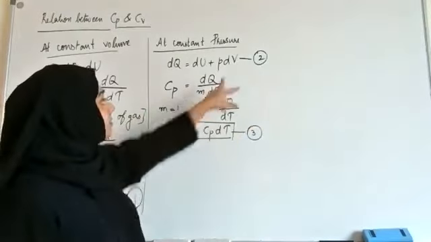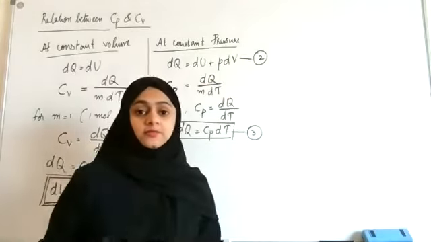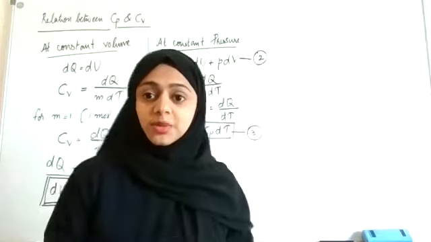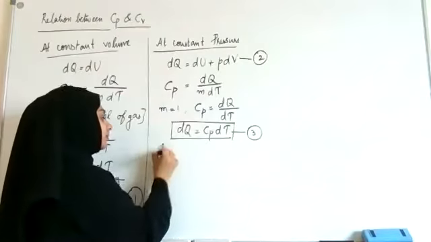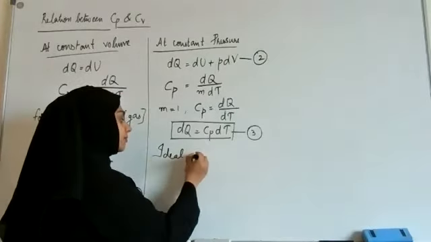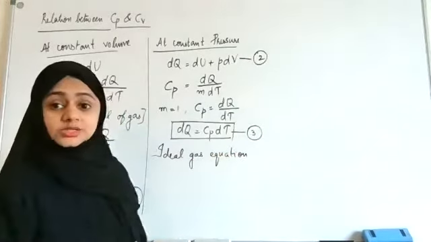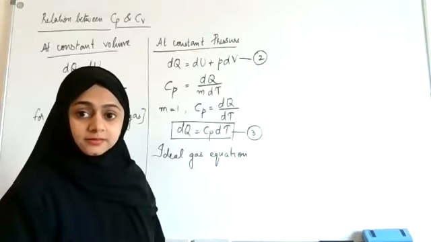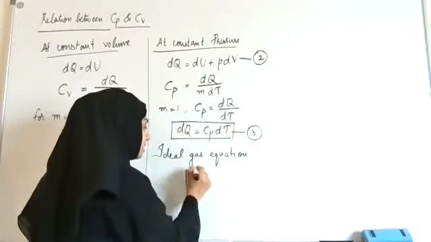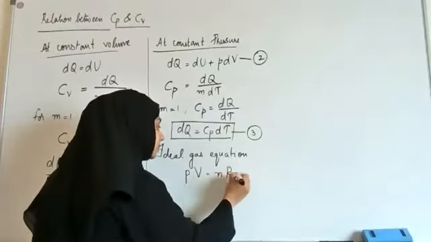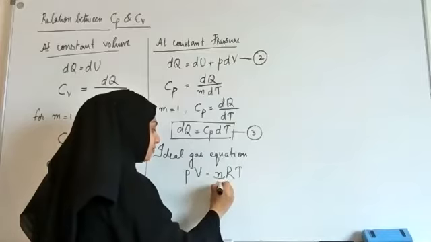Now what is remaining? PdV is remaining, right? Now for PdV, let us consider the ideal gas equation. Do you remember the ideal gas equation? By the ideal gas equation, PV is equal to nRT. You have learned it like this, where n is the number of moles.